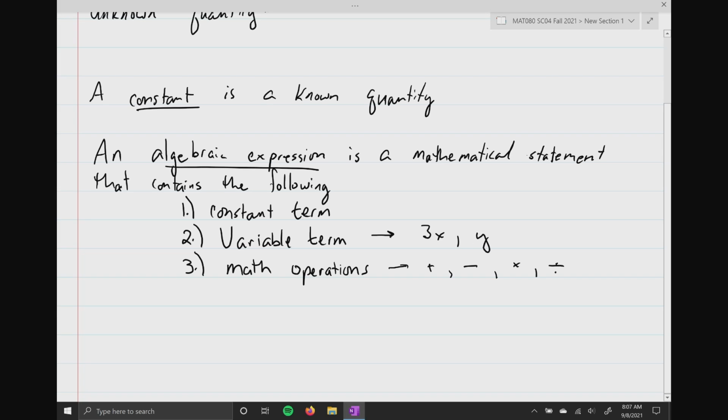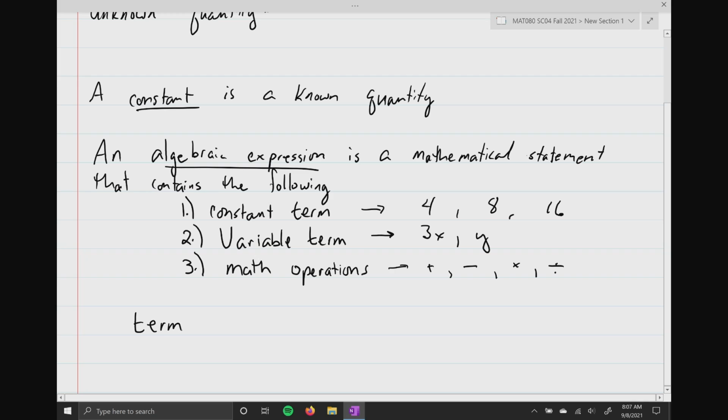It's just that unknown quantity. And lastly, the constant term: 4, 8, 16. Notice they are just numbers, and we know exactly what that quantity is.